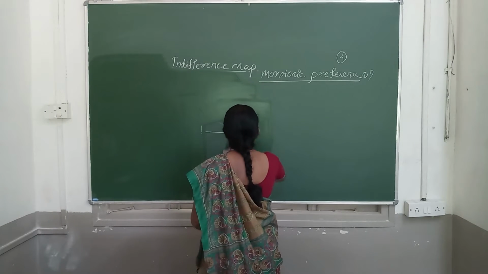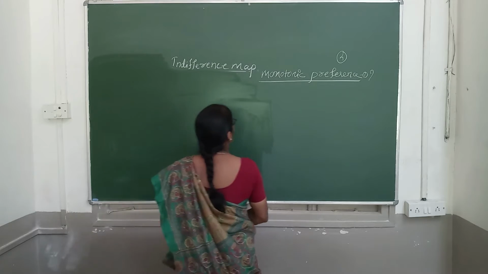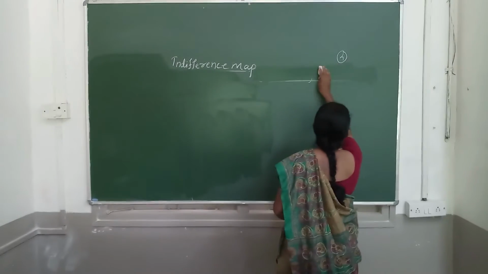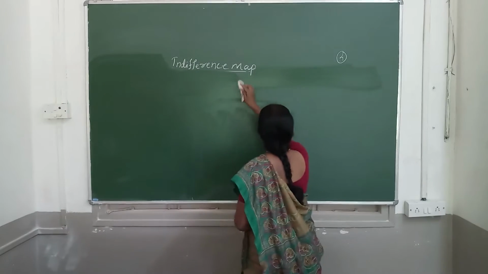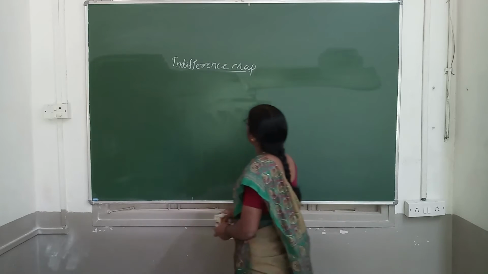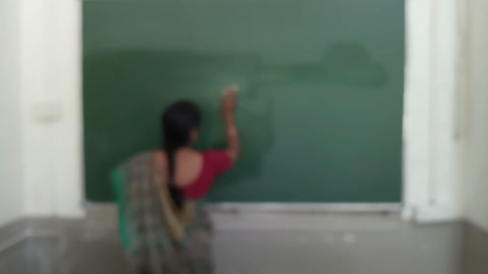Let us try to understand why the slope of the indifference curve is downward sloping, and which concept is the basic theme behind the slope of the indifference curve. That is a very interesting topic, and it is nothing but the diminishing marginal rate of substitution.